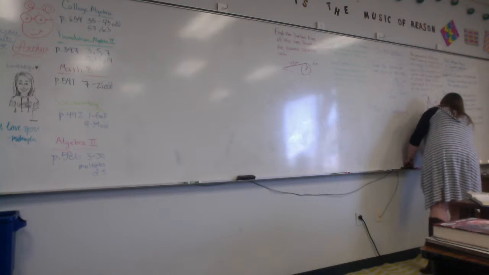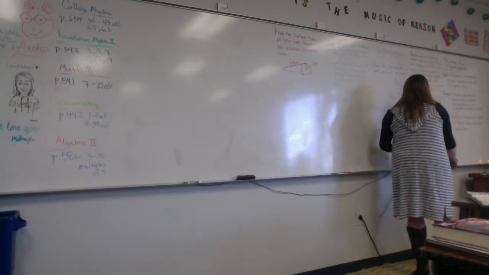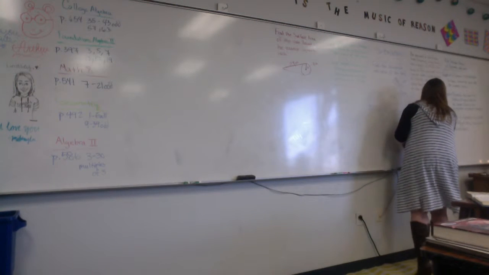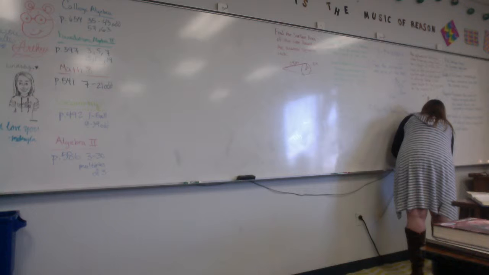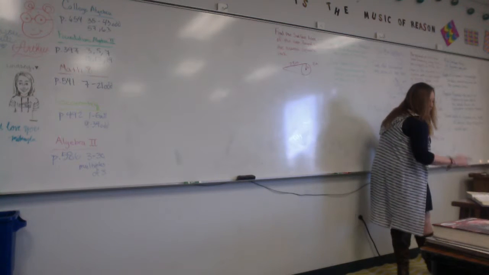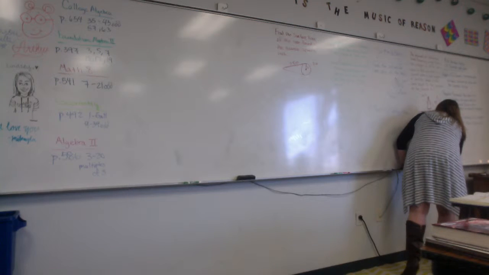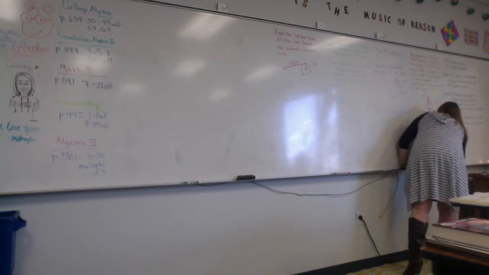What are those two things added together? 66,620.25 equals L squared.